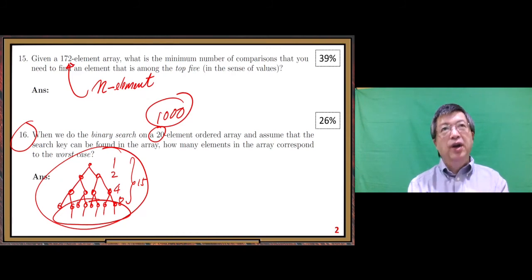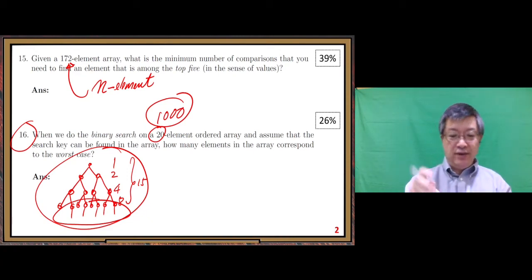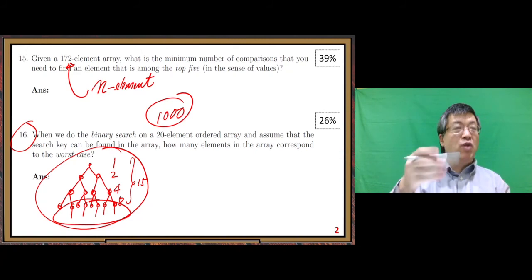So here we need to solve a question like this without drawing a binary tree. Can we do that? Yes, we can. So here I show you an example. After I show you this example, you need to prepare to have a similar question in the midterm. Get ready for that. I just used this 1,000.